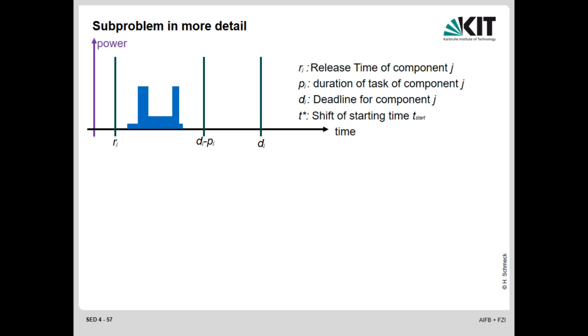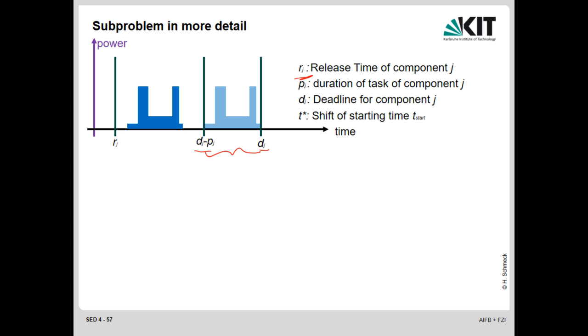If we have, for example, a dishwasher, this is a typical profile of a dishwasher. We have a certain release time here, that's the release time of the component. We have a duration of the task, that's our duration. We have a deadline for the component; it should be finished by that time. So the latest starting time would be d_j minus p_j.